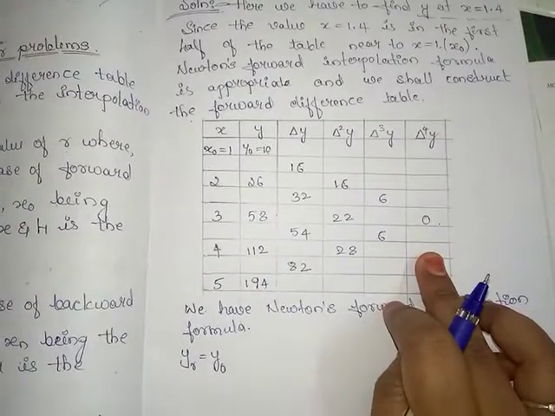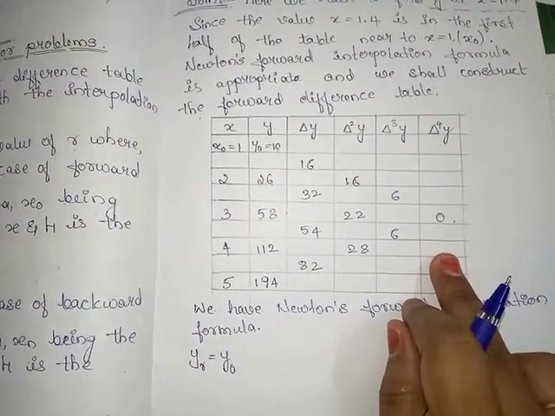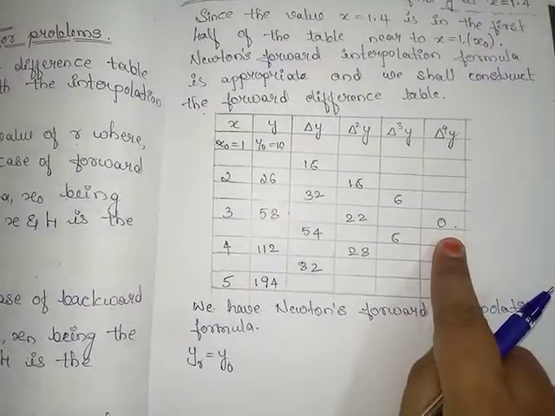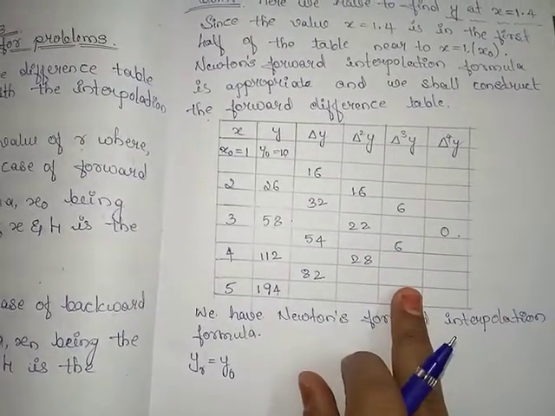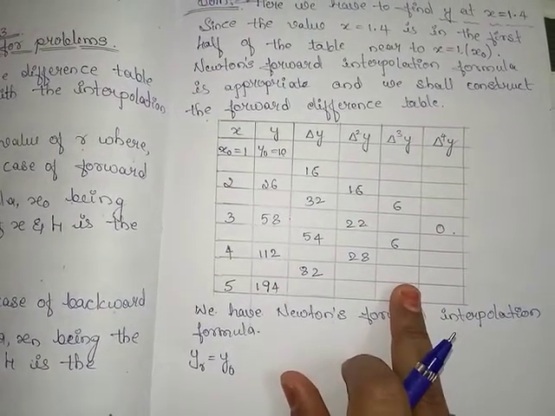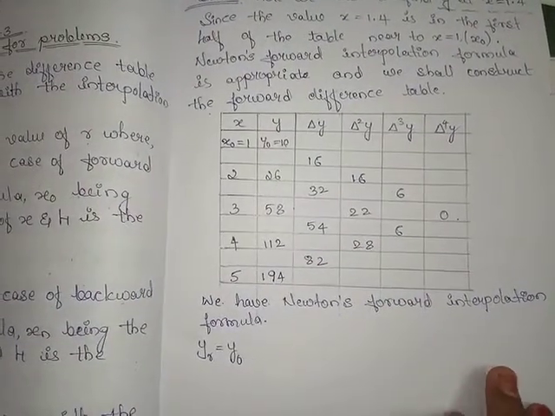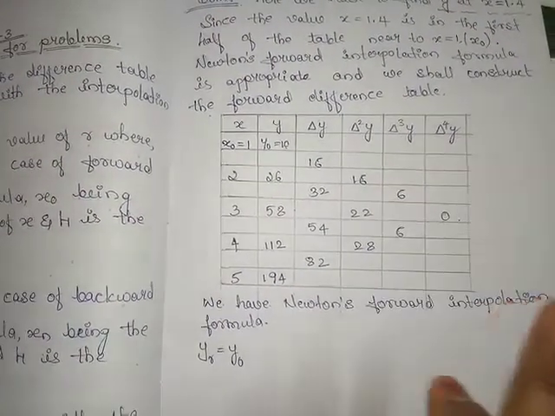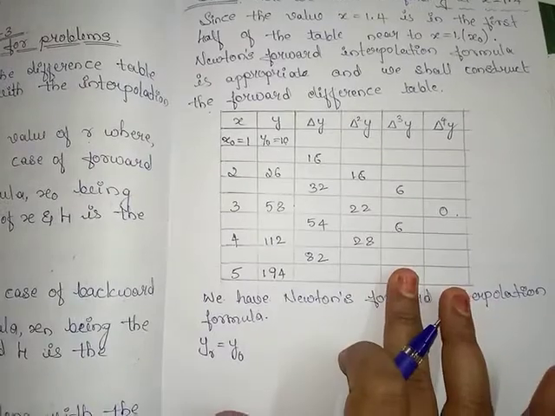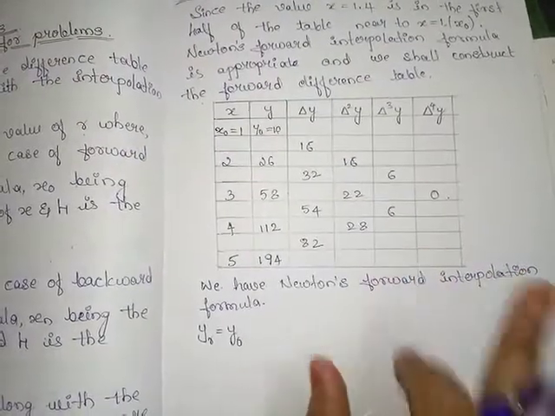Here we have up to the fourth difference and that term is 0, so you can write up to the third difference. While writing the formula, you have to write at least the fourth or third difference terms.